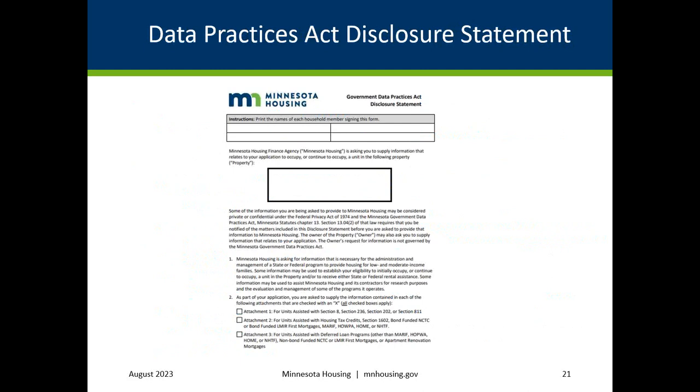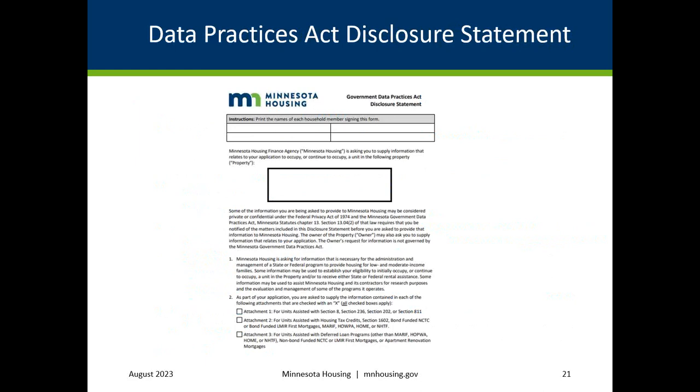The Government Data Practices Act disclosure statement is required by Minnesota's Data Practices Statute. It must be completed by all approved applicants for and existing tenants in program-assisted units. It is used to inform the tenant of the information they must disclose for program eligibility and the information that is collected but not required, meaning we are asking for it, but it is not required as a condition of occupancy.